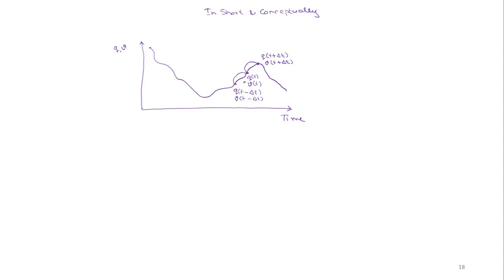And to calculate this, again you might need the coordinate and velocity of its previous time step, right? And in this way you might end up over here, right?